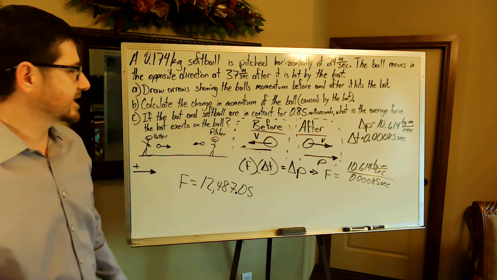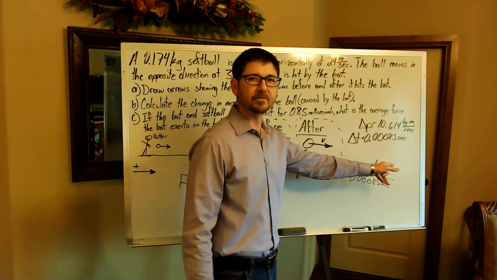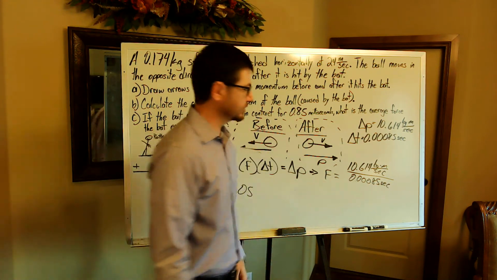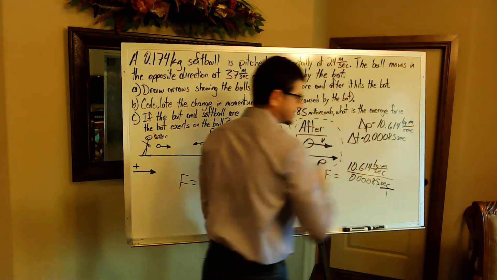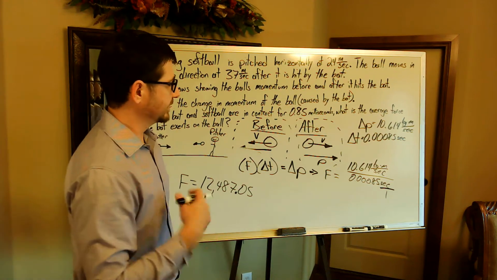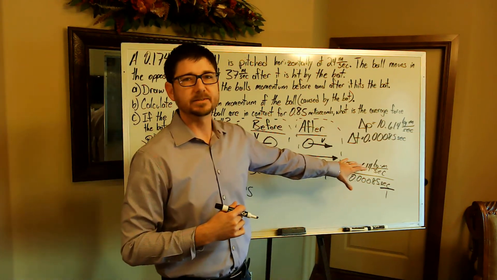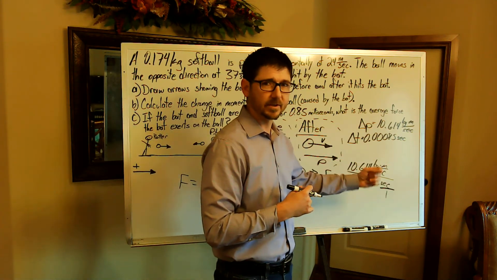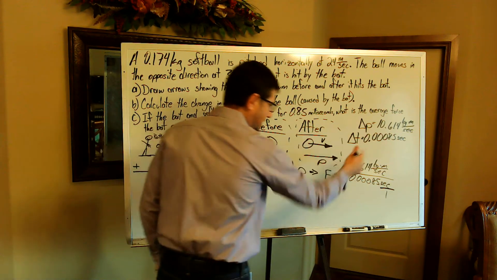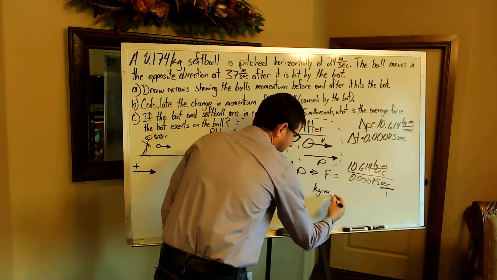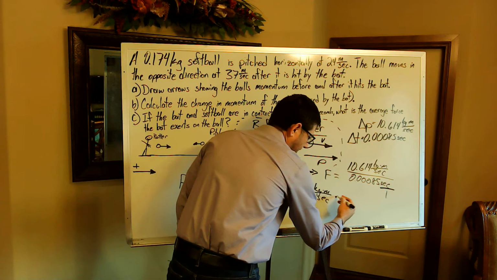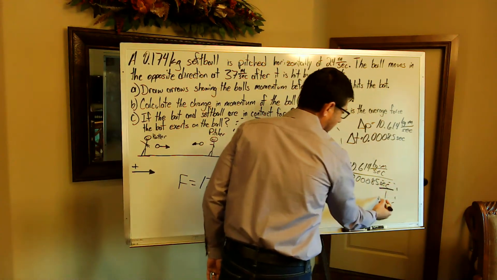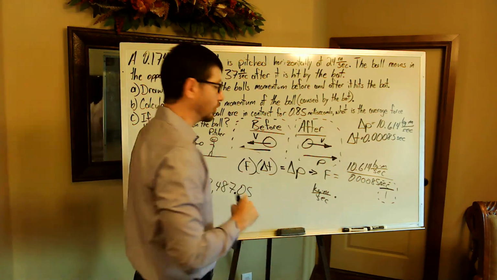Let's take a look at units here. In my numerator, I have kilogram meters per second. In my denominator, I have seconds, which algebraically we can write as seconds over 1. We need to think about that old algebra rule that tells us whenever we divide fractions, it's like multiplying by the inverse of the denominator. So I have kilogram meters per second multiplied by the inverse of seconds over 1, which is 1 over seconds.